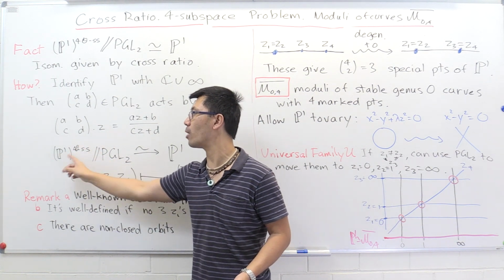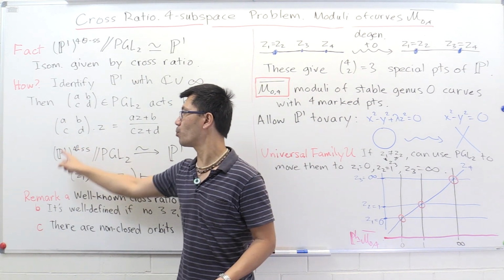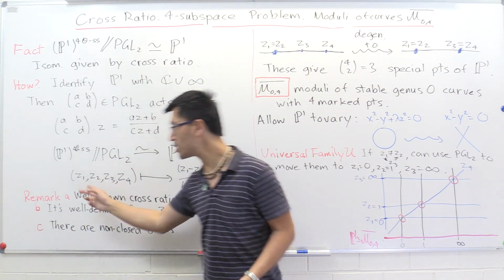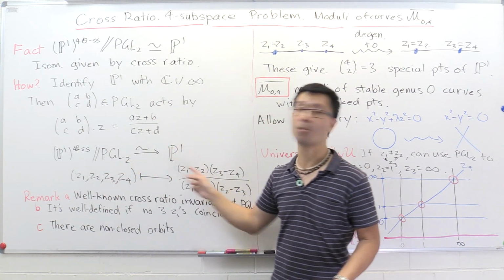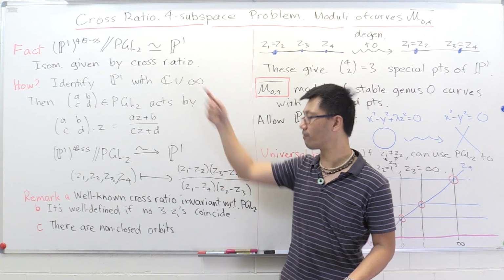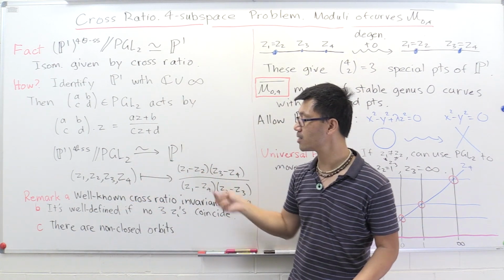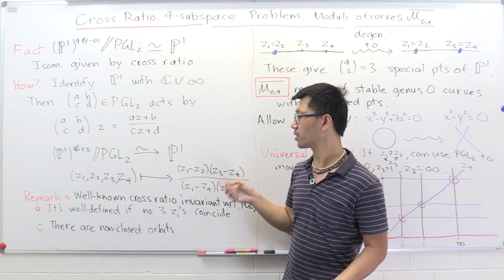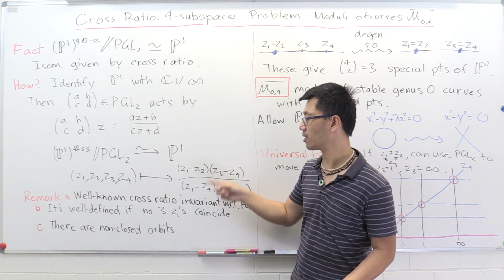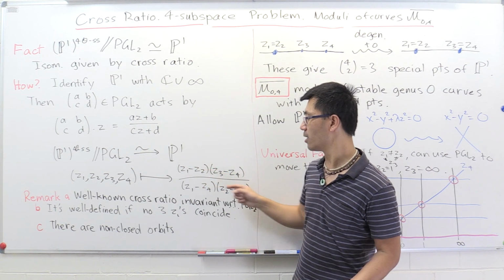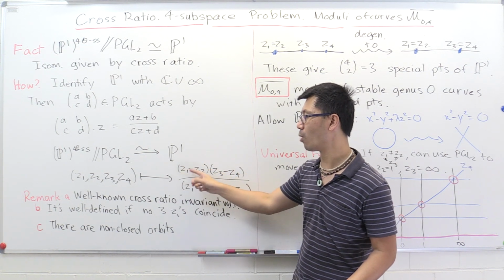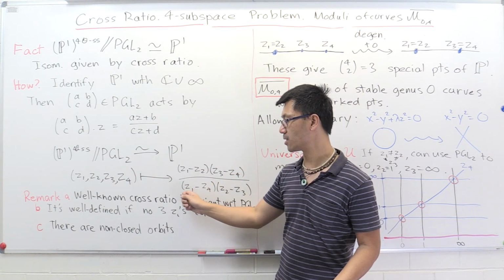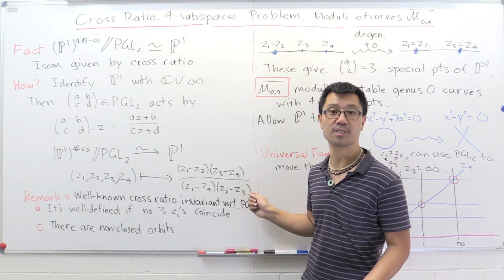We'll lift it up to a quadruple of points inside P1, Z1, Z2, Z3, Z4, so these are now complex numbers or infinity. And I want to send it to P1, so that's essentially a complex number or infinity. And what is that complex number or infinity? Well, I look at what's called the cross ratio expression here. It's also a quotient of ratios. So you can look at this ratio of this on that divided by this on that, or it's just (Z1 minus Z2) times (Z3 minus Z4) in the numerator, divided by, in the denominator, (Z1 minus Z4) times (Z2 minus Z3).